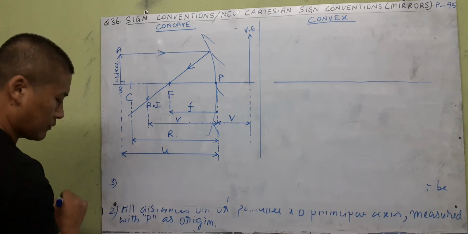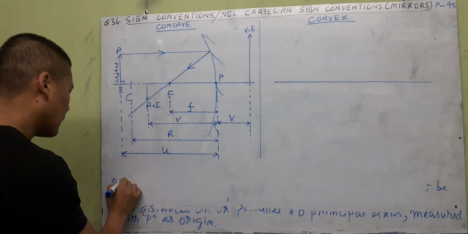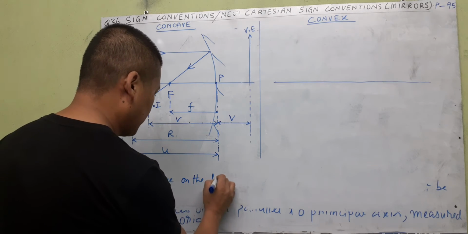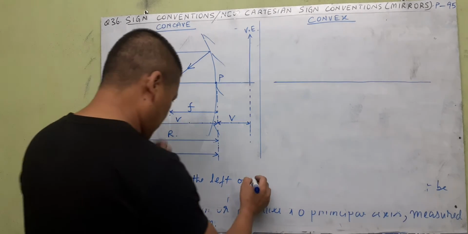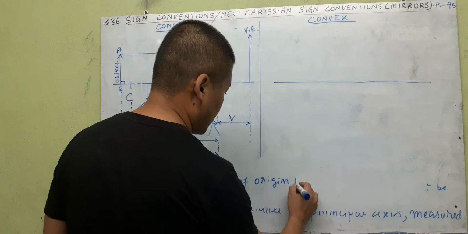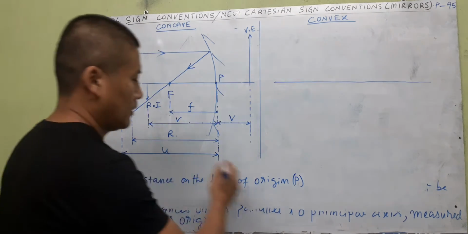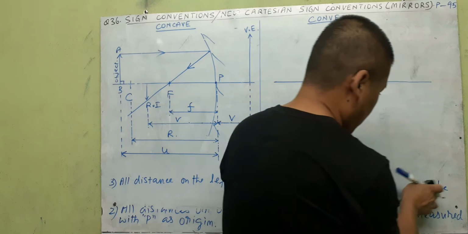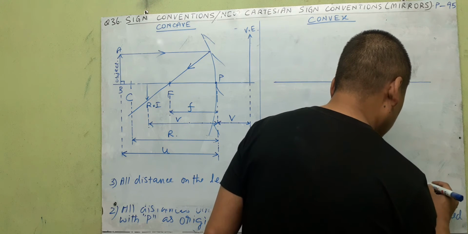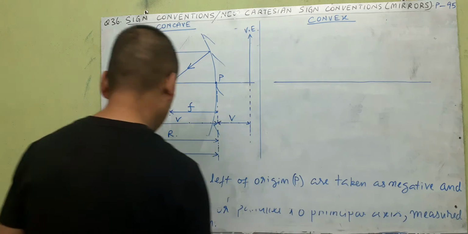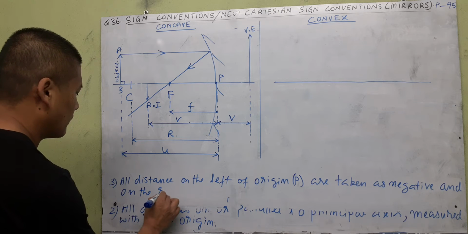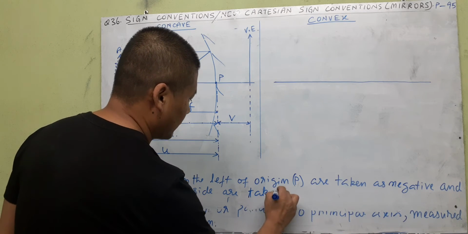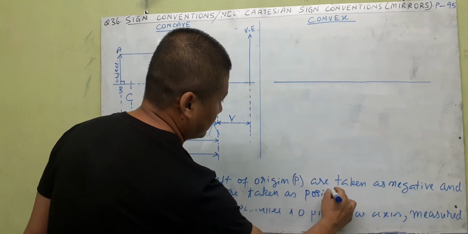The third one is: all distances on the left of origin, left of origin means left side of P, are taken as negative, and on the right side of origin, distances are taken as positive. That is very important.